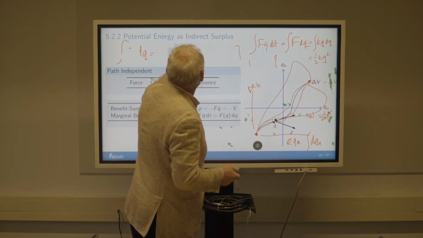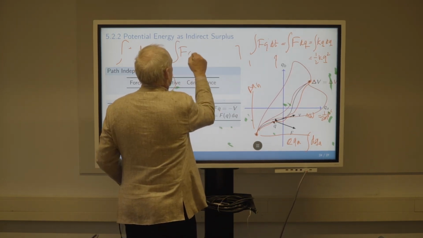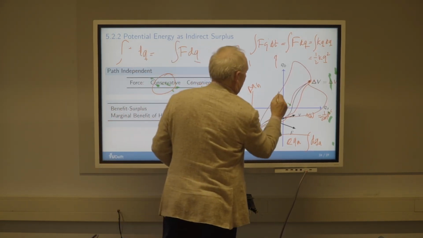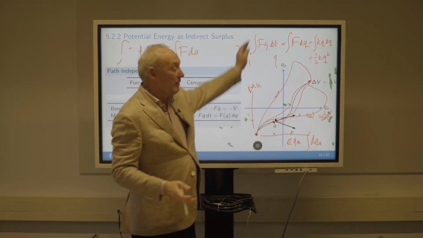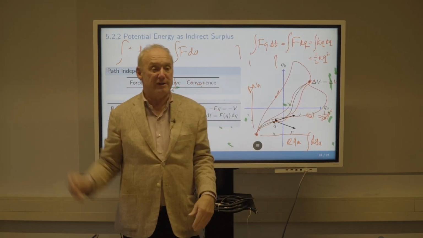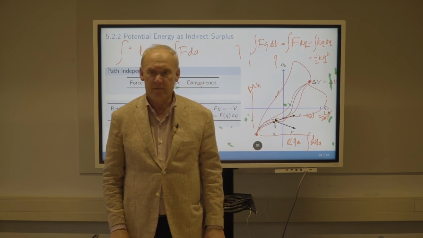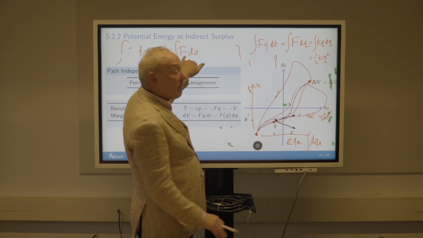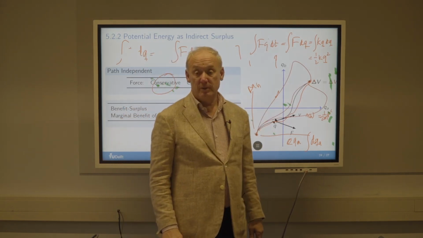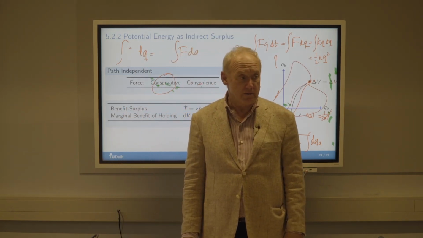If you just do an integral like this, you just have some general force here. There's no reason this should not depend on the huge distance you travel or something. Only when this is a conservative force, and this thing only depends on the position Q, will it work out.